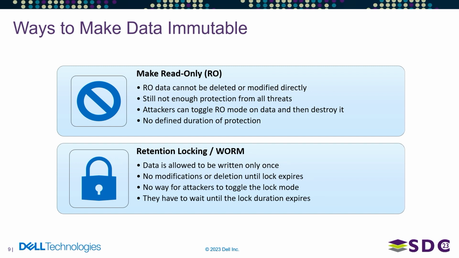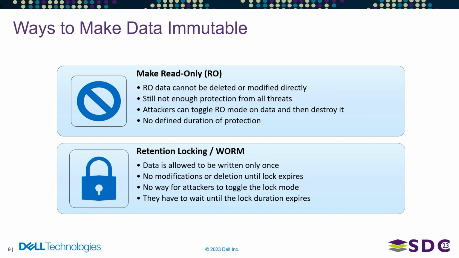So how do we make the data immutable? Well, this is a poor man's immutability, right? You can use the file system, you can make all your files read-only. But that's not protection at all, because the hacker can get into the file system and then just make them read-write. And if they have enough credentials, they can just toggle the read-only mode, and they can do whatever they want with it.